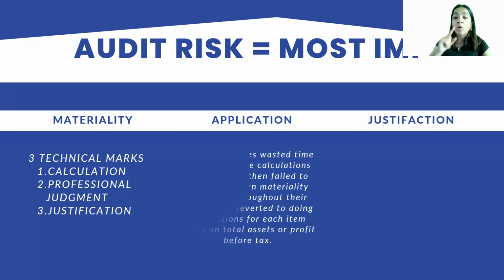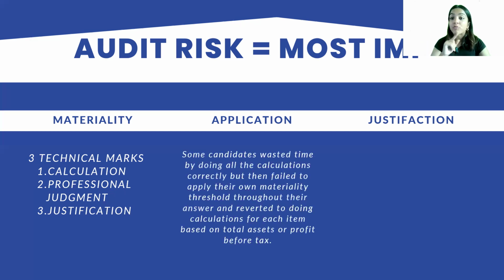Now, how will you get that one professional mark? You will get one professional mark if you are using that particular materiality throughout the risks that you have identified. For example, if you have identified 10 million as a material amount, you need to pay attention that while I am assessing each risk, I compare it to this 10 million.